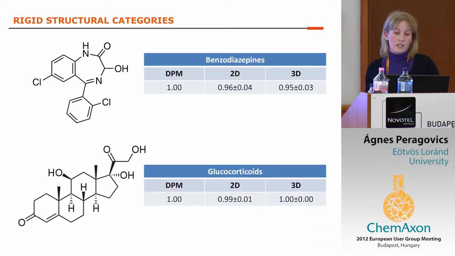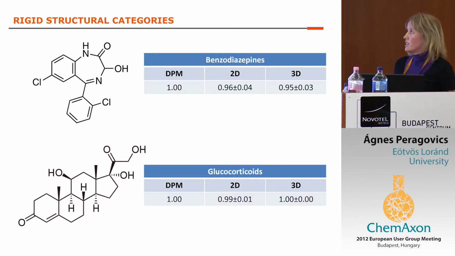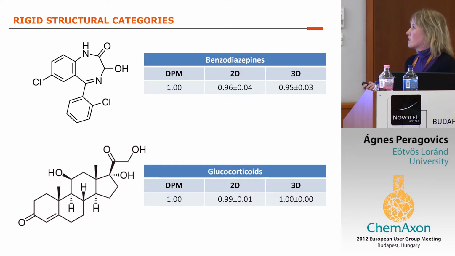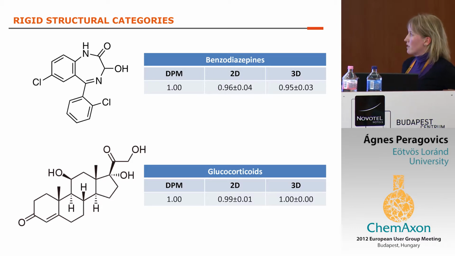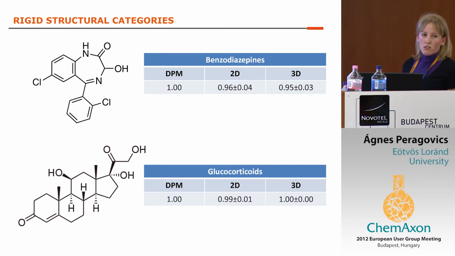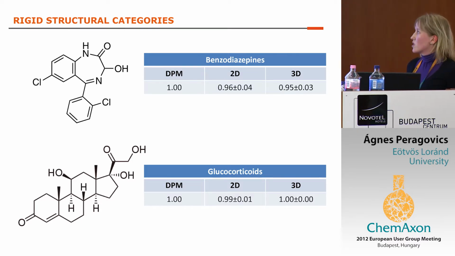So here are some examples. These are the rigid structural categories we examined here. The benzodiazepines and the glucocorticoids. And as you can see, there is no standard deviation for drug profile matching, because it is able to handle all of the active molecules in a single search.